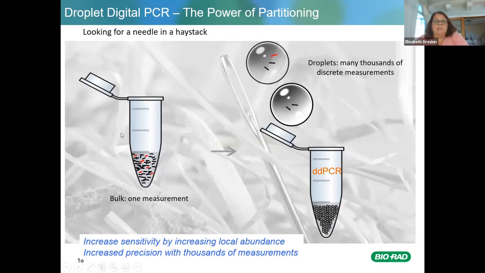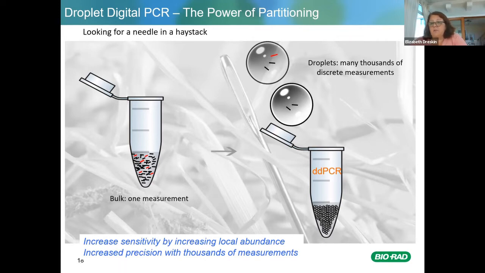If we want to consider digital PCR as a method of further partitioning the sample, so instead of pipetting 96 different wells, we could actually take this reaction and create thousands of little droplets. And let's say 20,000 droplets. It becomes easier to find the needle in the haystack when you've got 20,000 droplets.